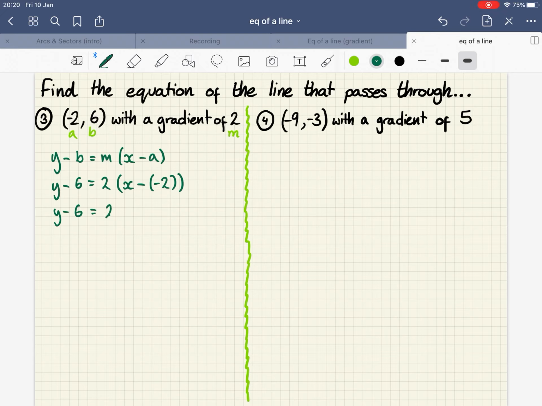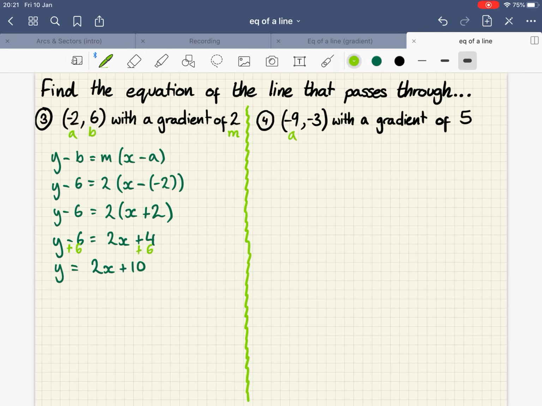So I've actually got 2x plus 2. So that's going to be y minus 6 equals 2x plus 4. I need to add 6 to both sides. So that is now going to be y equals 2x plus 10.